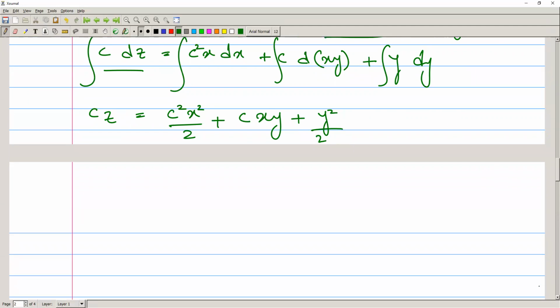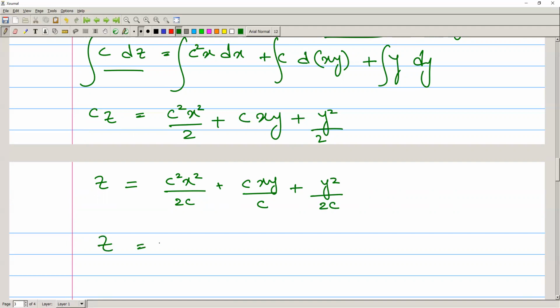So now we are almost done with the job. We can write it like that: c squared x squared over 2c. I am just dividing this whole equation by c to get rid of c from here, and I will free this z from any other variable. So this will be c times xy over c plus y squared over 2c.